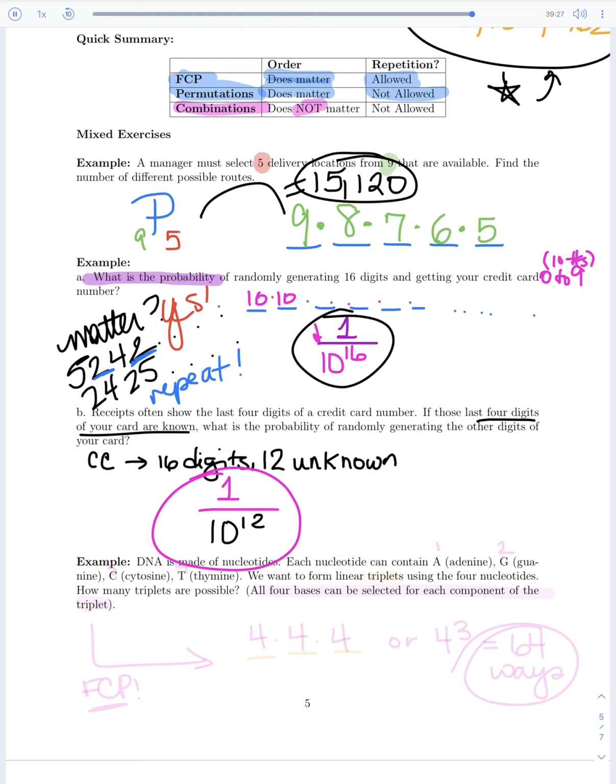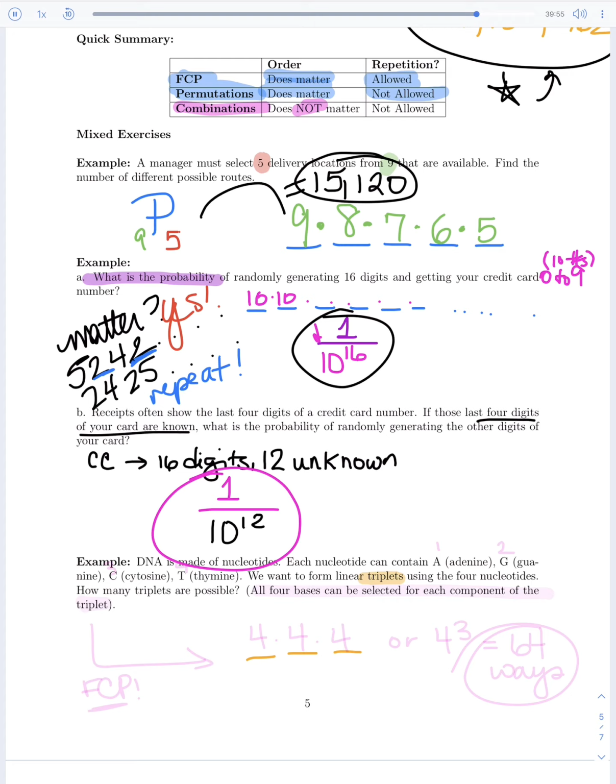In this next problem, we're looking at something that would be more of a science example. It says each nucleotide can contain either adenine, guanine, cytosine, or thymine. We want to form linear triplets. Triplets assumes that you're choosing how many at a time? You're choosing 3. So you want to form linear triplets using the 4 nucleotides.